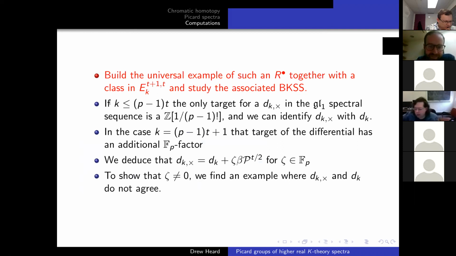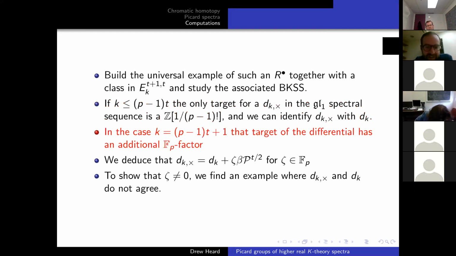And it turns out that if K is less than or equal to (P minus 1) times T, the only possible target for this differential D in the GL1 spectral sequence is just this group here, Z adjoined 1 on (P minus 1) factorial. And this allows you to identify the D differential with just the additive one.